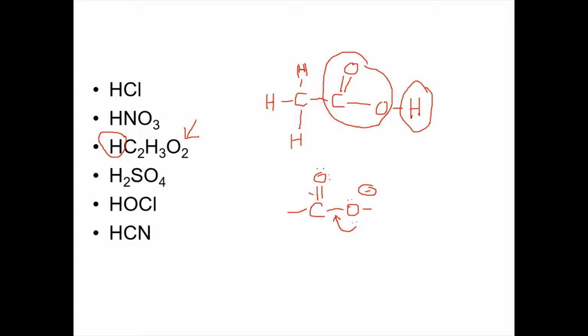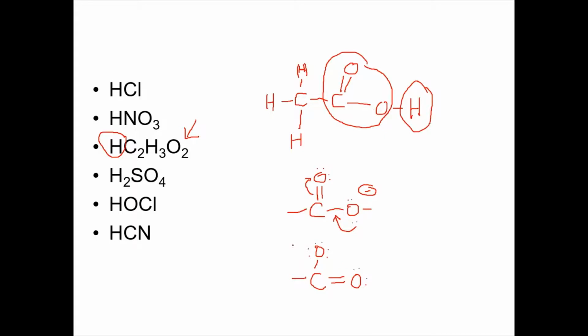So one of these pairs of electrons then can go ahead and jump back out to this other oxygen, and it forms a structure that looks like this. And so we can put a single bond to the oxygen on top, right? And now we have the double bond to the oxygen on the right.